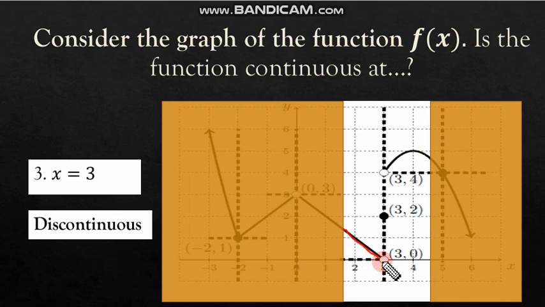So from the left, we can see that f of x is heading to 0, while on the right, you can see that f of x is equal to 4. This means to say that x is equal to 3 is discontinuous.